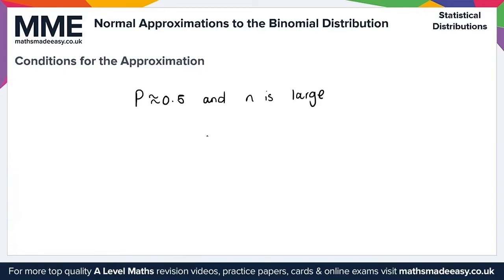Or, we can say here that both np, so n times p, is greater than 5, and n times 1 minus p is larger than 5 here. Okay, so those are the conditions that we require for the approximation.